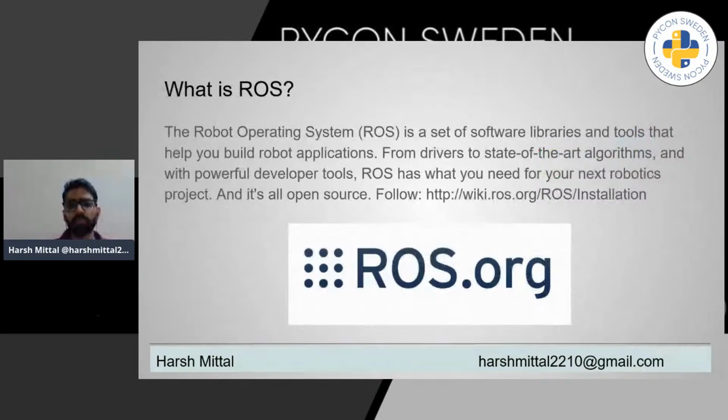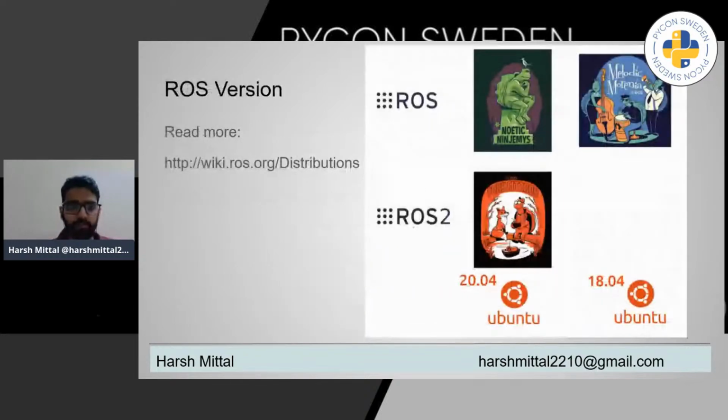For those of you who don't know what ROS is, it is the Robot Operating System. It is a set of software libraries and tools that can help you build all kinds of robotic applications. This project is completely open source, and there are a lot of free algorithms available online that you can use to create your own projects.